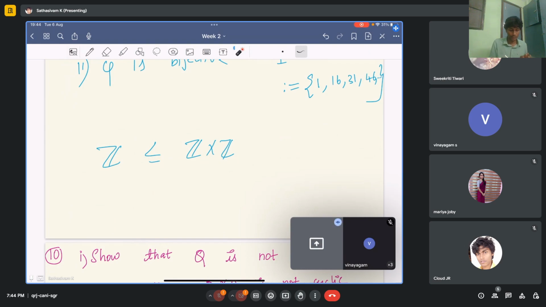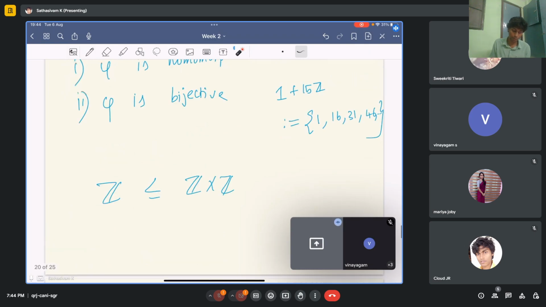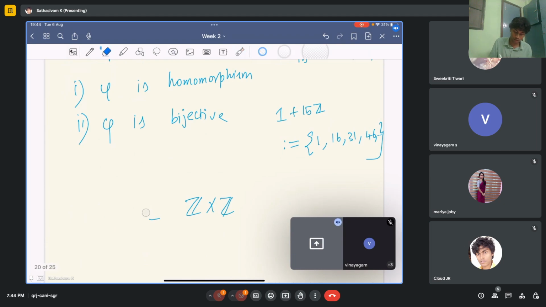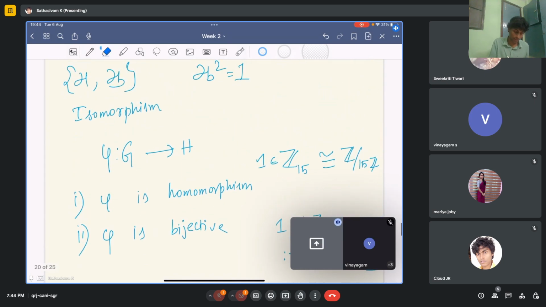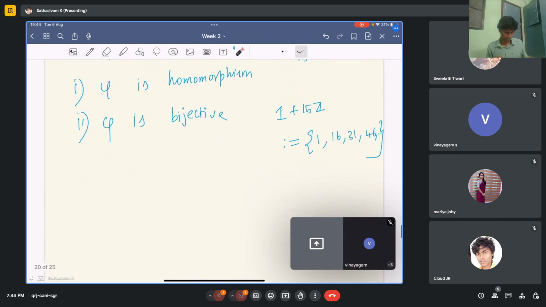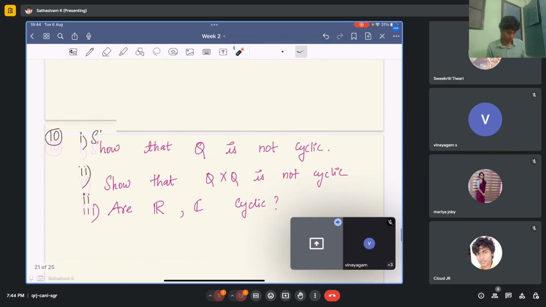And in that way, I can see this is isomorphic to a subgroup inside this. Such a way of talking is helpful because you just want to study the structure. The labeling doesn't matter. So isomorphism just captures how two groups are relabeled. That's all. Okay, let's move on to the other one.